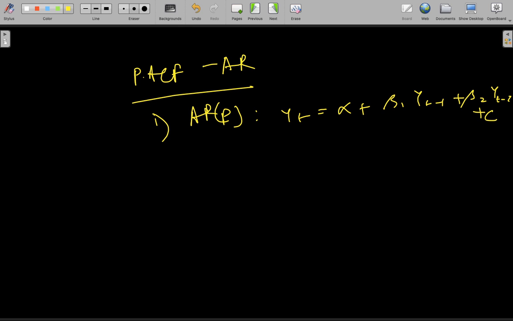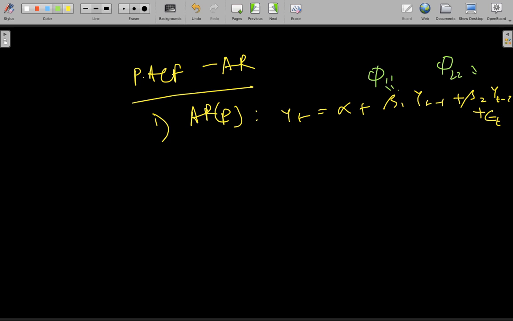So what we will have is, we simply get the coefficients for the corresponding lag. So the PACF phi 1 1 is going to be this, phi 2 2 is going to be this. So there is no problem here.